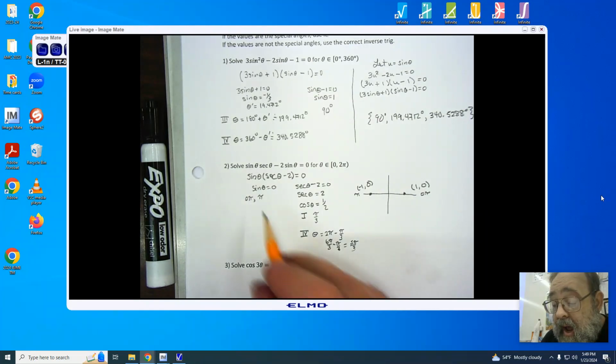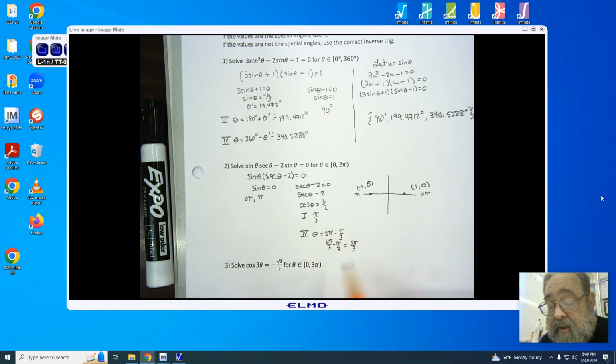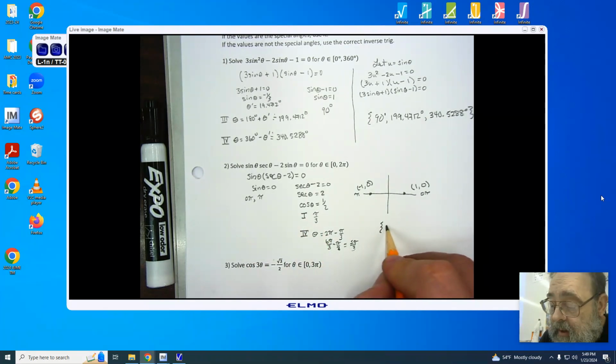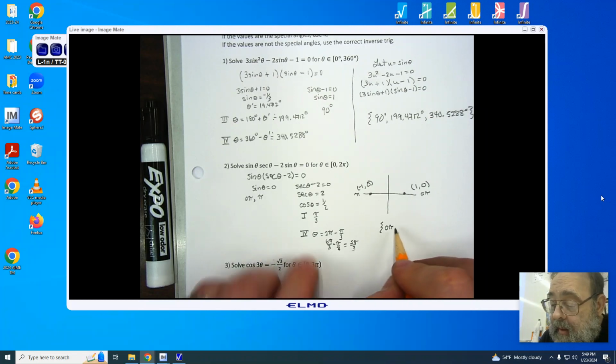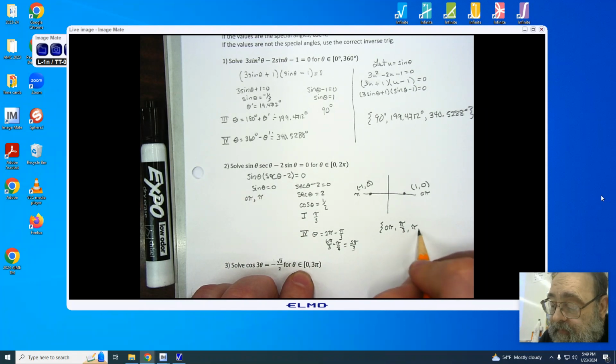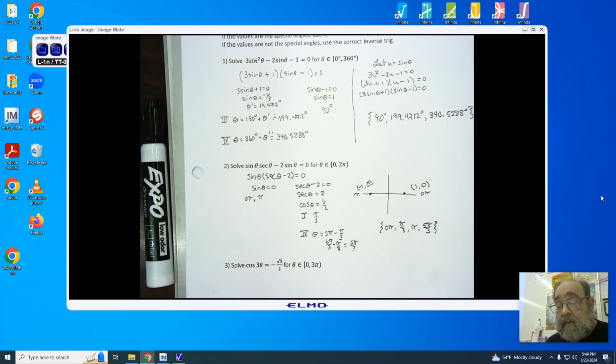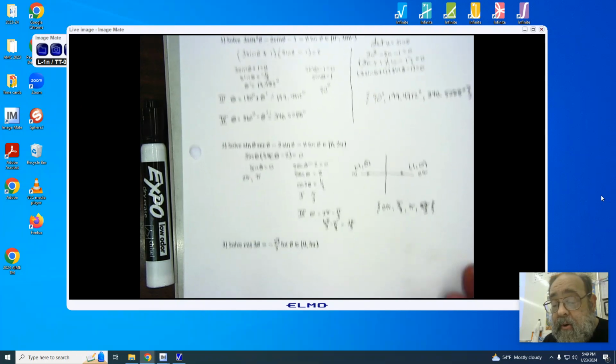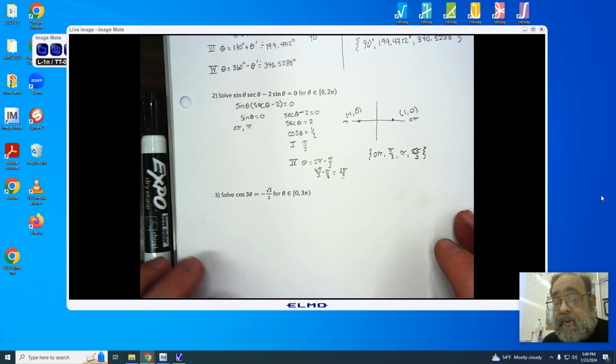Now, once again, I can see all three of the answers, and therefore I would give you credit. If you would like to be more specific, start with 0, then go to pi over 3, then go to pi, and finish with 5 pi over 3 in your solution set. Voila, you're done.